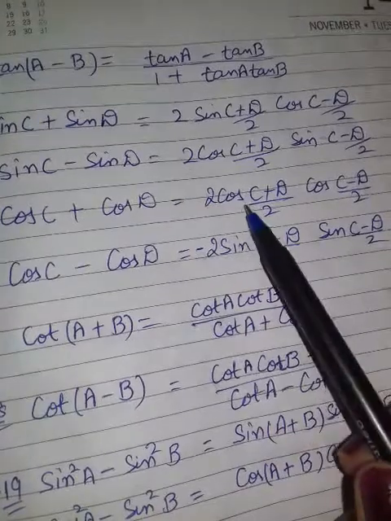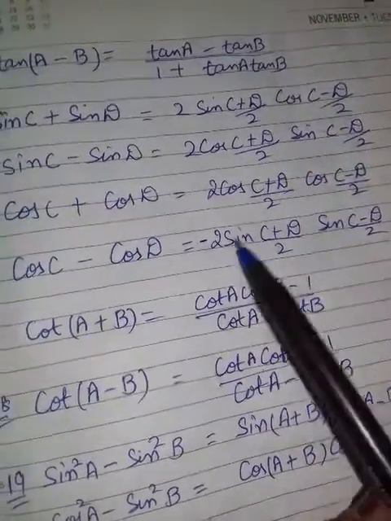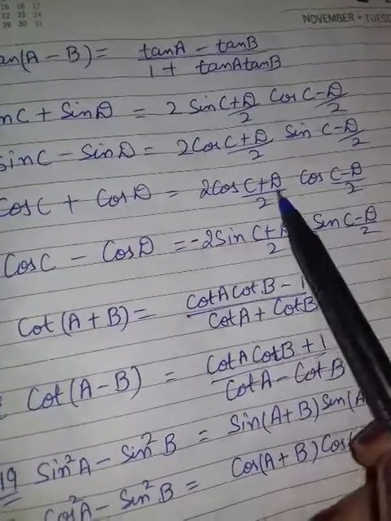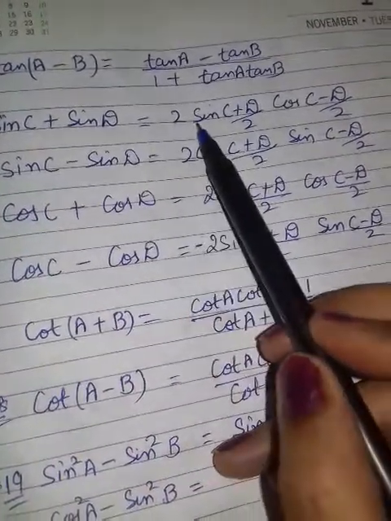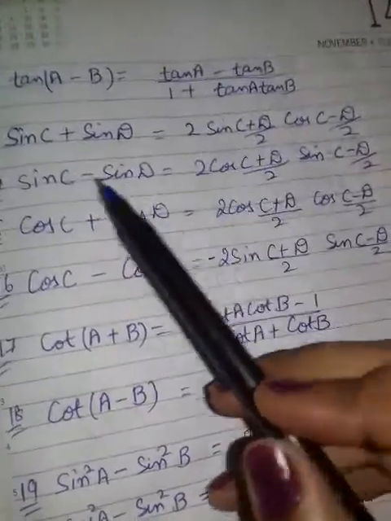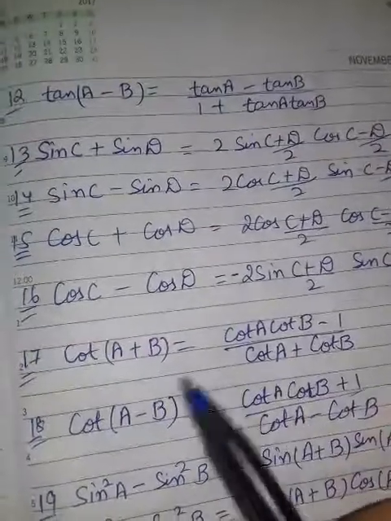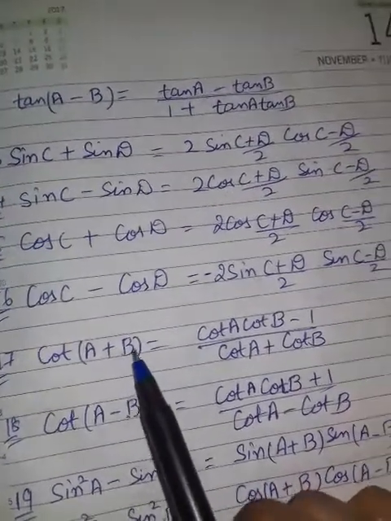Cos in positive will come with cos, and in negative both will come with sine, but the negative sign will be there. And in sine, firstly sine keep with itself, then cos, and in negative give cos first and sine will remain the same. Clear?